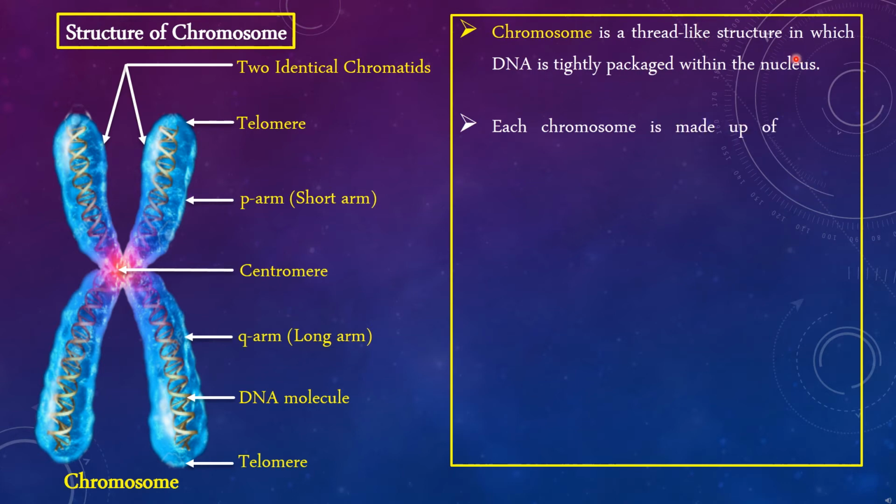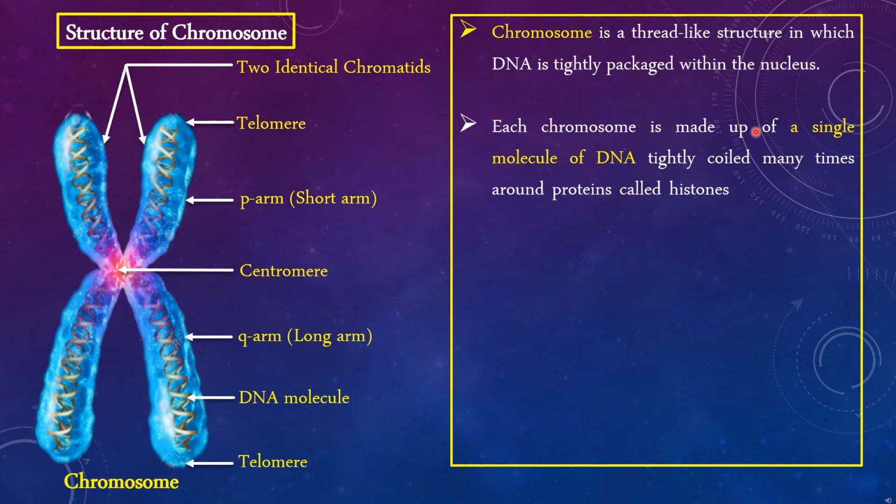A chromosome is a thread-like structure in which DNA is tightly packaged within the nucleus. You have already learned that each chromosome is made up of a single molecule of DNA tightly coiled many times around proteins called histones that support its structure.